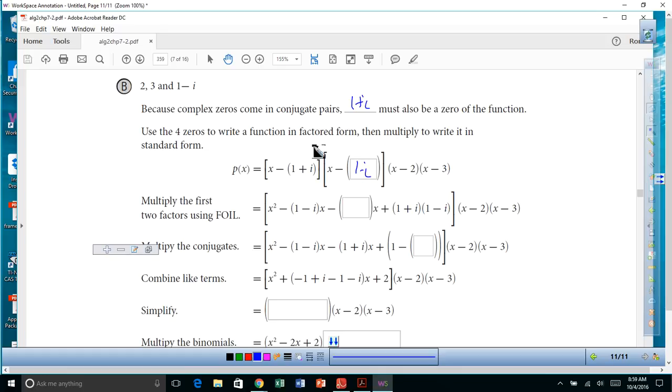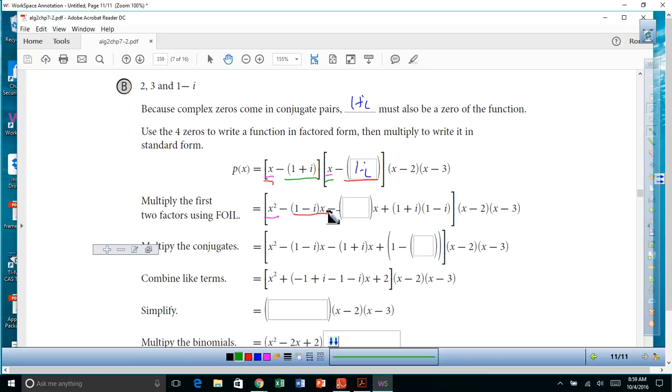So how do we multiply this big old thing? Well, you got to follow along here. You got x times x, that gives you x squared, right? And then we have x times negative 1 minus i, that's going to give you minus 1 minus i times x. And then you're going to have negative 1 plus i times x.